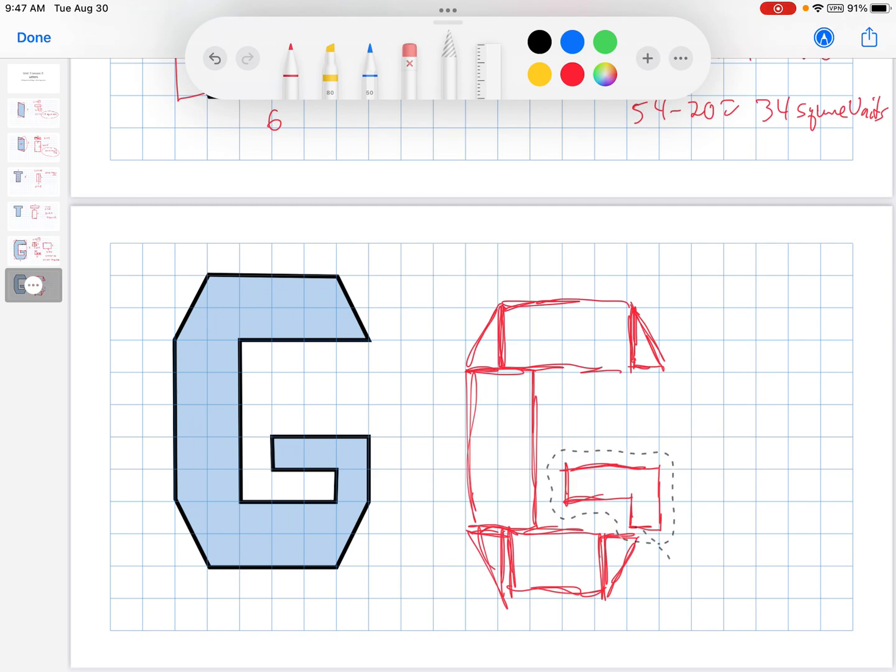Oh, this piece isn't the right size. That piece is the right size, but let me do this piece. It is actually that big. So you see the way that replaces.